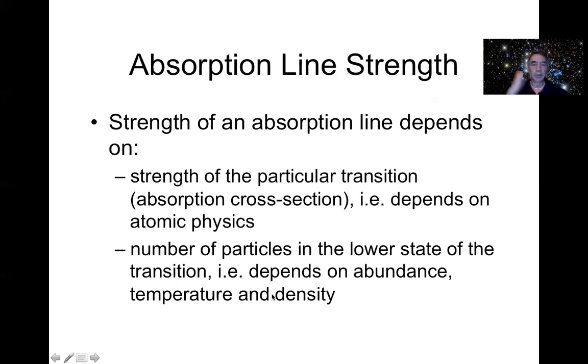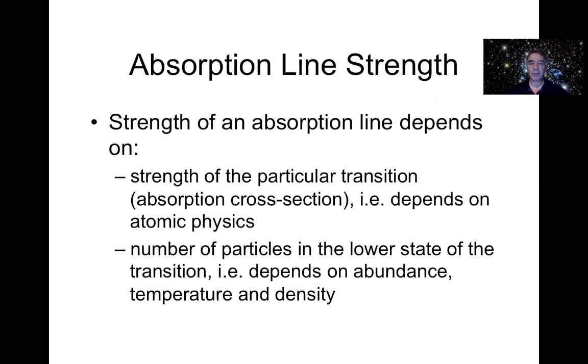You can't have an H-alpha absorption line if you did not start with a hydrogen atom in the n=2 level. So how strong the H-alpha line will be depends on how many hydrogen atoms you've got in that n=2 state.